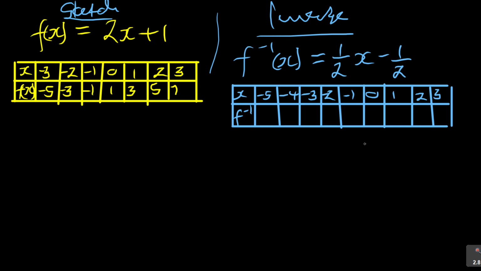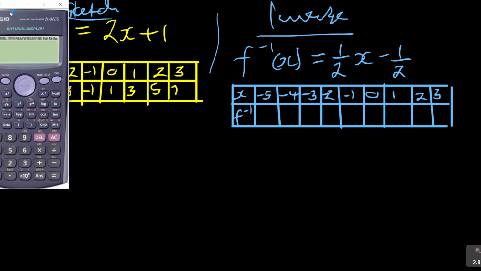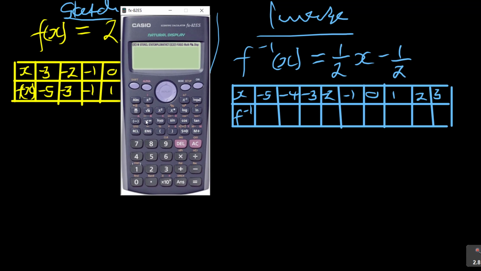And then let me just use the calculator in this case, 1 over 2, and then let's start with minus 5. I want you to see minus 5 minus 1 over 2. So right, the first one is minus 3. You put 4 here.